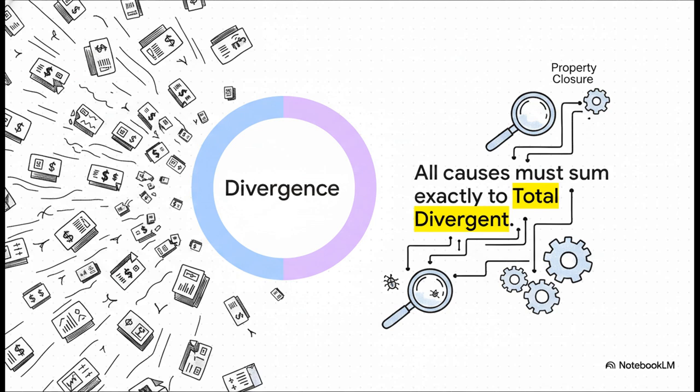The property closure test proves a mathematical truth. It guarantees that the sum of every single divergence cause perfectly matches the total number of divergent loans, meaning even if you throw 1,000 randomly generated, completely chaotic portfolios at the system, this test absolutely guarantees there will be no missing, no uncategorized, and no double-counted reporting data. It literally mathematically proves the ledger is balanced.